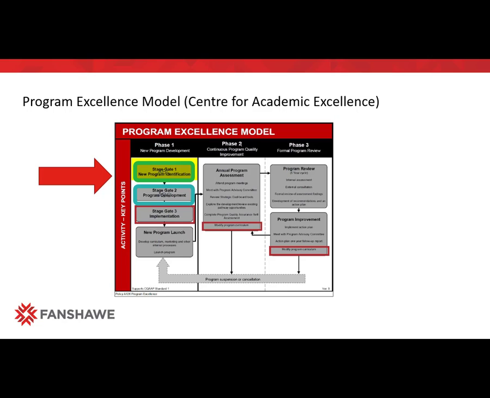To gather additional information about the Stage Gate 1 process, please refer to the Codebook, one of the key resources available to all course developers. Video 2 of the Instructional Design video series will review all the course supports that are available at Fanshawe College for course design and development, including the Center for Academic Excellence and the Codebook.